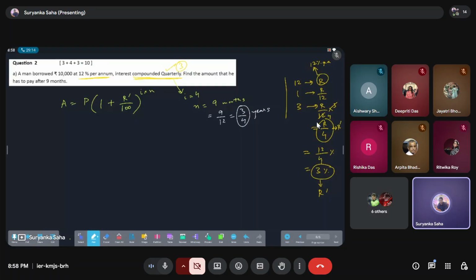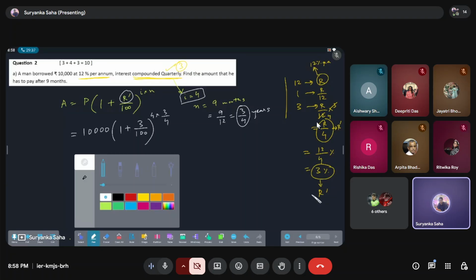So let me write over here, principal is 10,000 into 1 plus your adjusted rate, you see 3%. So adjusted rate is 3 by 100. I is 4, isn't it? I is 4 quarterly, and number of years will be 3 by 4.